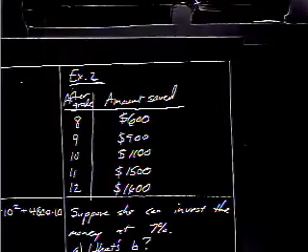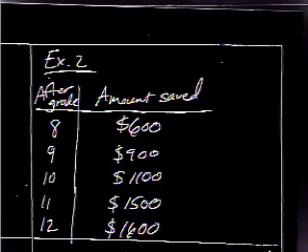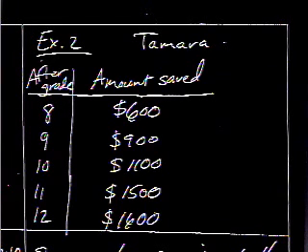Okay, if we jump ahead to example 2, the girl's name in the example is Tamara, or maybe it's Tamara, and she's saving money for her future. Get it? She's saving for Tamara. I know, it's pretty bad.